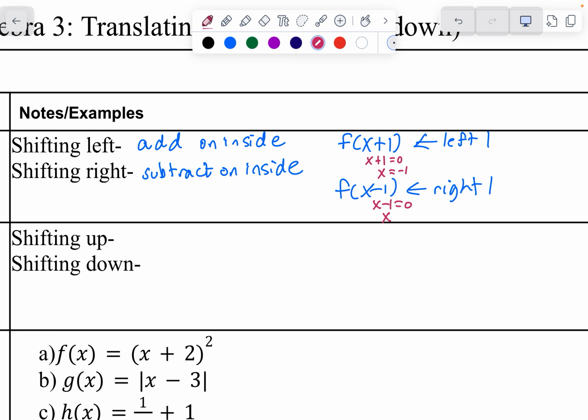Now, things that change vertically, so if it's going up and down somehow, are much clearer, so much clearer. So if we want to translate up or down, if we're shifting up, you add on the outside. If you're shifting down, you subtract on the outside.